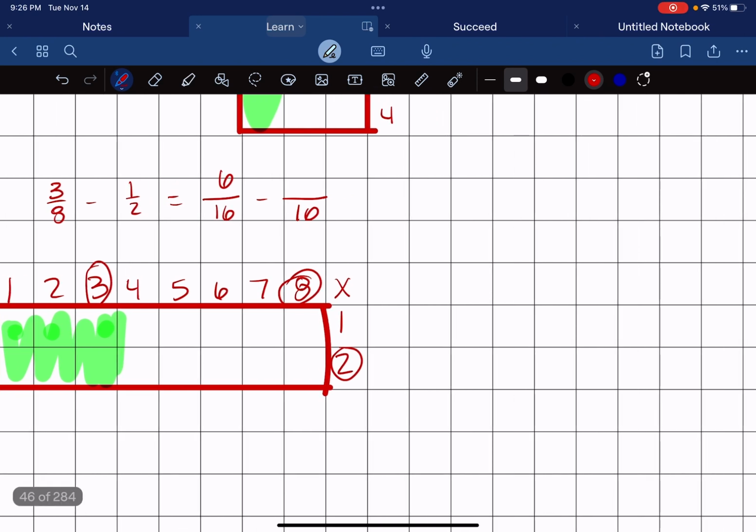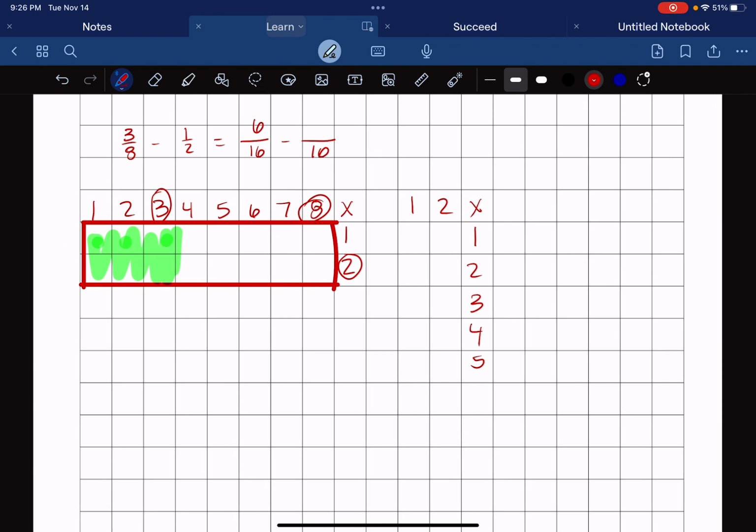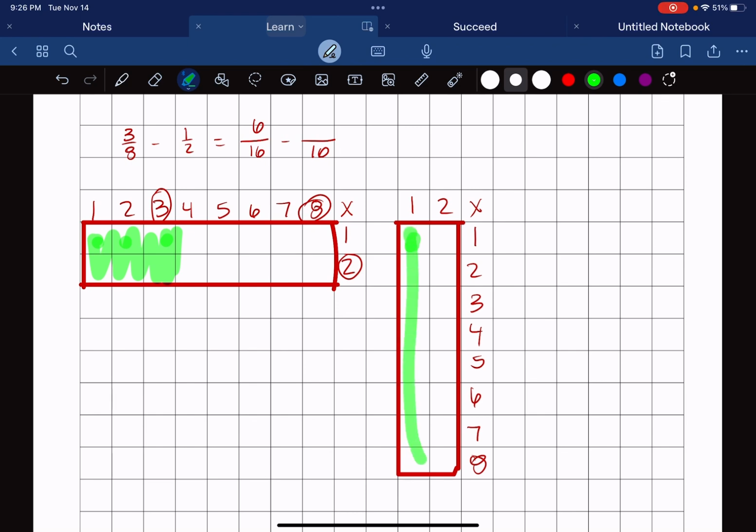Now we're going to do the opposite: 1, 2, and 1, 2, 3, 4, 5, 6, 7, 8, and we shall make that model. And I need to shade in 1 out of 2. So 1 all the way down. I've shaded in a total of 8 boxes.